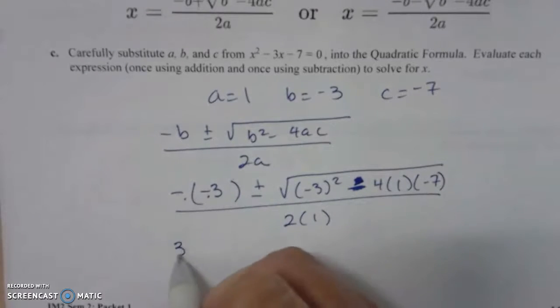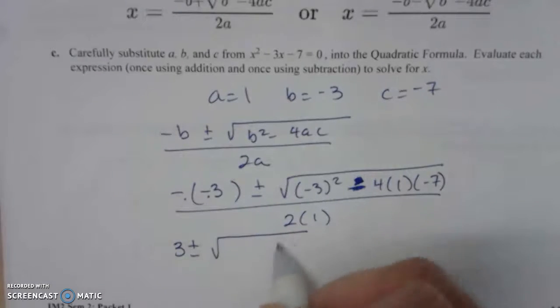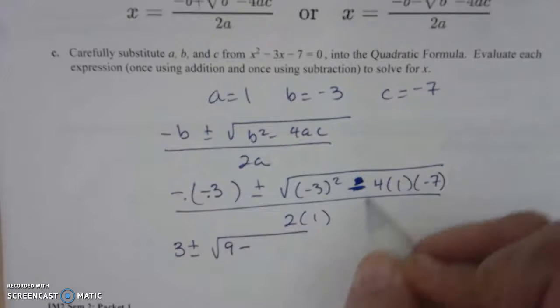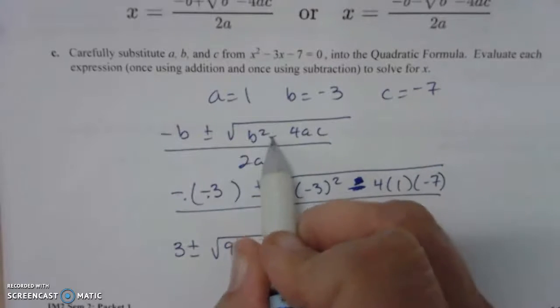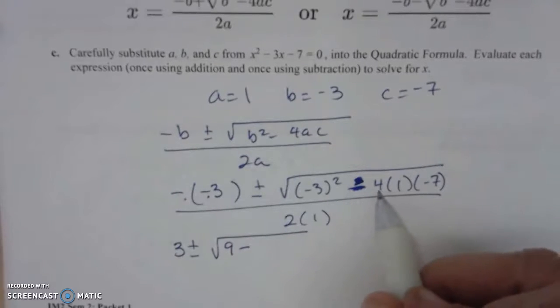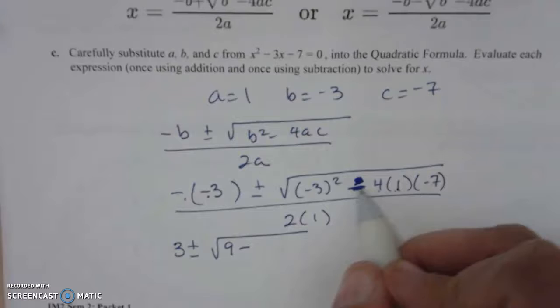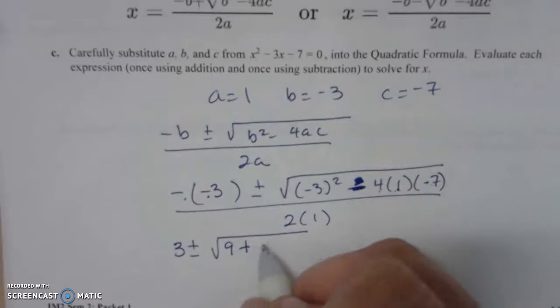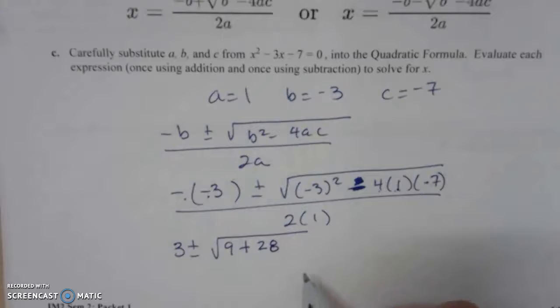2 negatives make a positive 3 plus or minus the square root of, this is 9 minus, remember I made a little error here, it said minus here. 4 times 1 is 4 times 7 is 28. Here's a negative and a negative. A negative and negative end up making that a positive 28 all over 2.